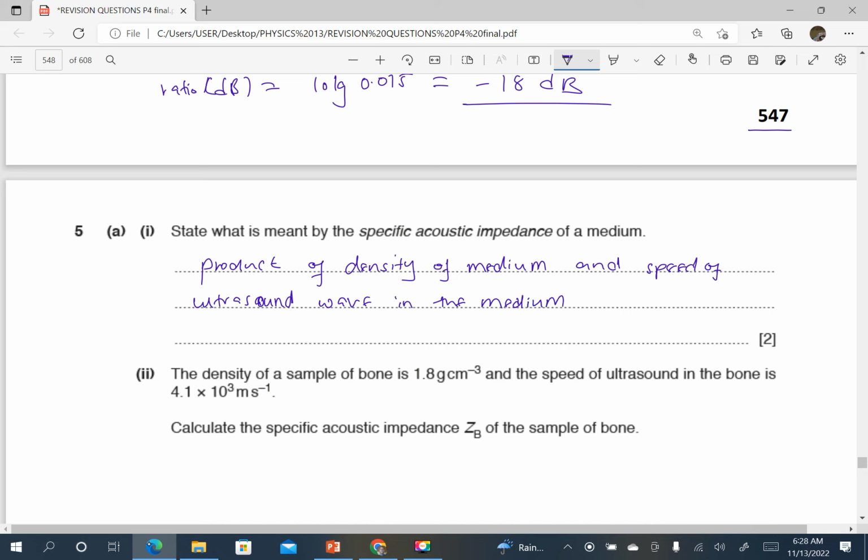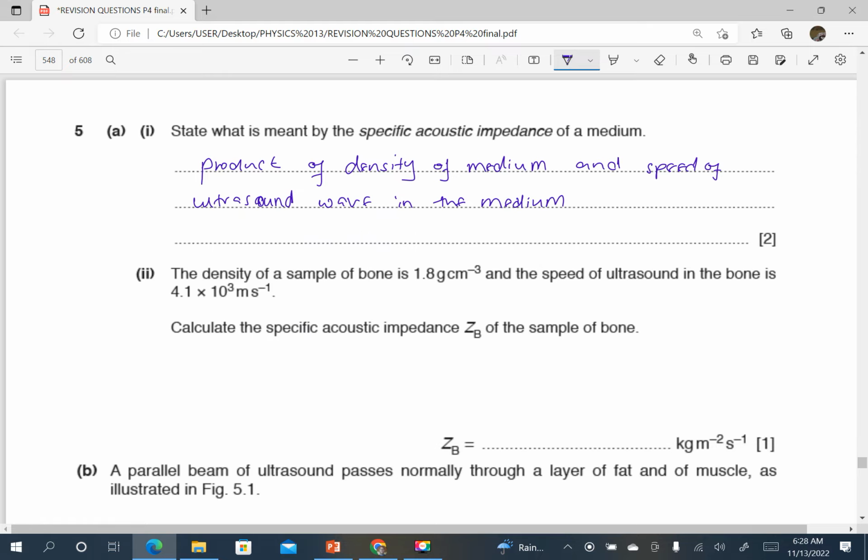So that's what we are calling a specific acoustic impedance. The product of the density of the medium and the speed of ultrasound wave in the medium. So that is Z is equal to density times C, where C is the speed of ultrasound in that medium.